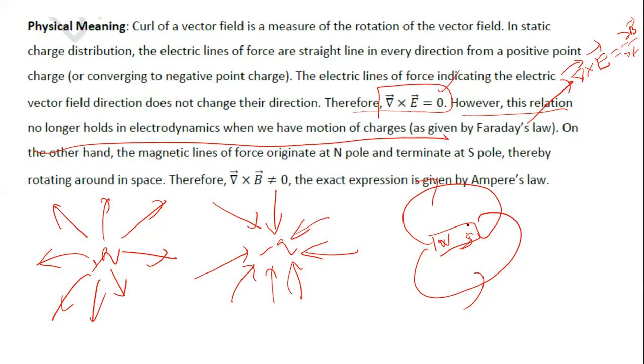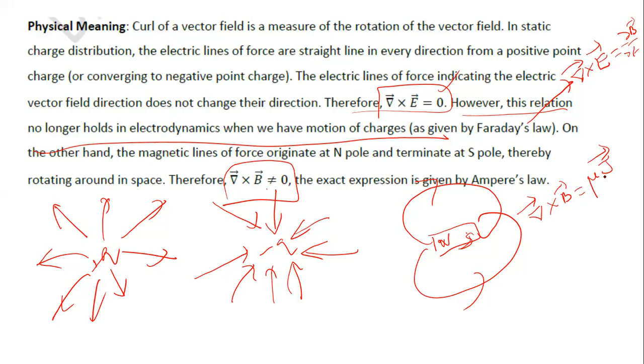Because of this rotation, curl of B is non-zero. Some of you probably already know what curl of B is. It is defined by Ampere's circuital law, which says that curl of B is mu J, where mu is the permeability of free space. So curl of B is non-zero, and equals mu J.